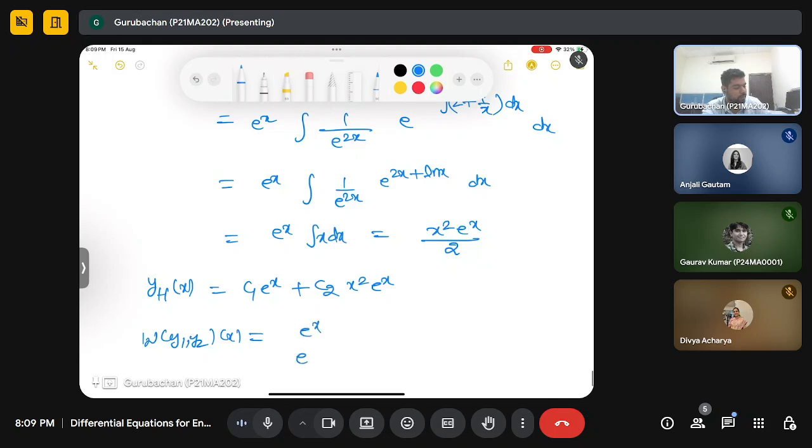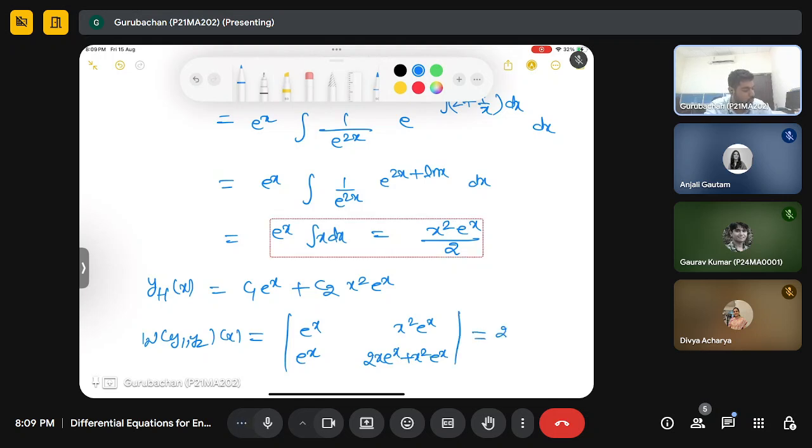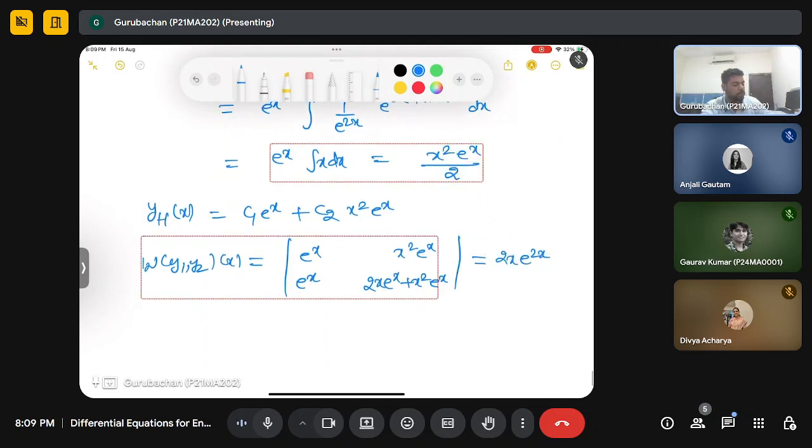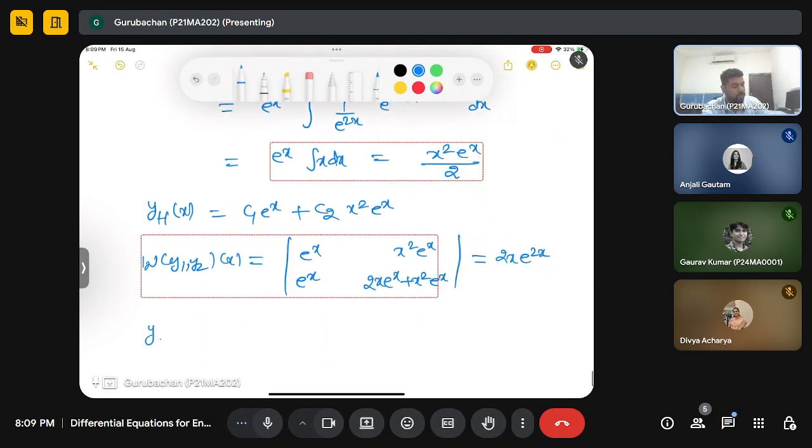e to the power x, and its differentiation is again e to the power x; x square e to the power x, its derivative will be 2x e to the power x plus x square e to the power x, which will give you 2x e to the power 2x. This is your Wronskian. So what is your particular solution?